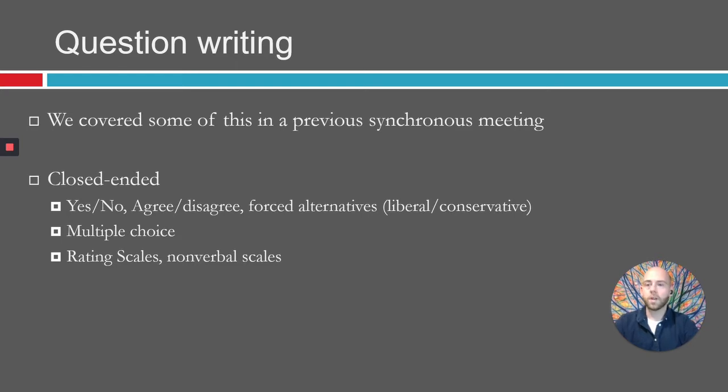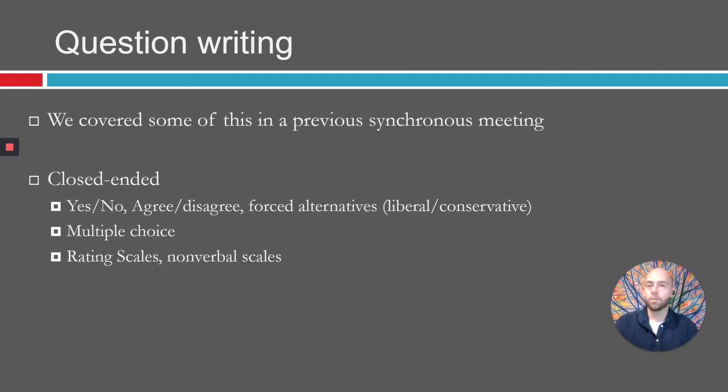So we talked previously about the difference between closed-ended and open-ended questions. Closed-ended questions are ones where the researchers or question writers are completely prescribing the number of responses that you have. You are given answers that you could use, like just yes or no, agree or disagree, forcing between different alternatives.